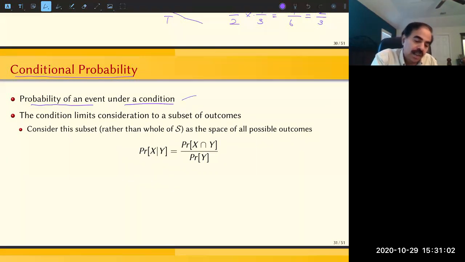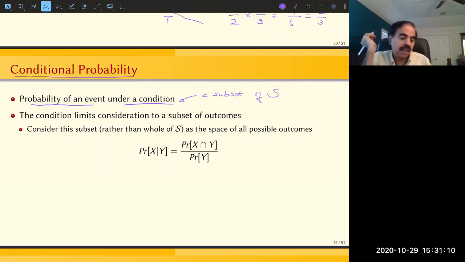Essentially the condition is a subset of S. And the conditional probability says that instead of thinking that the probabilities are going to add up to 1 in the set S, we are now going to think that the probabilities add up to 1 in this subset C.